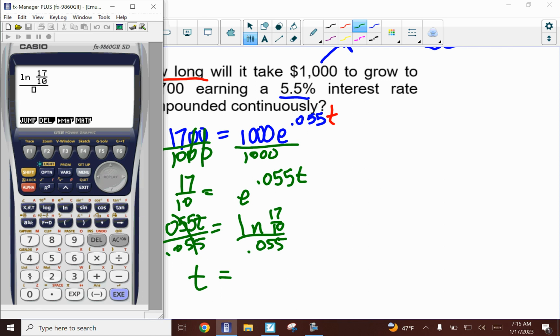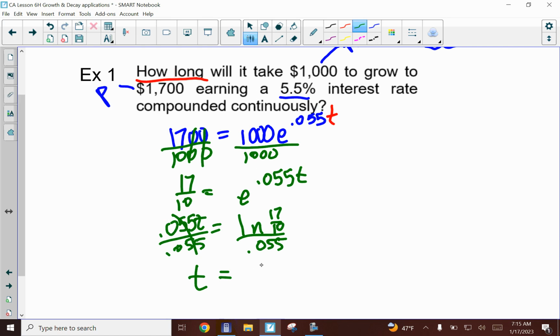And then at the bottom of the fraction, we're dividing by 0.055. So we're going to round this to the third decimal place, so it's 9.648. And that's our answer.